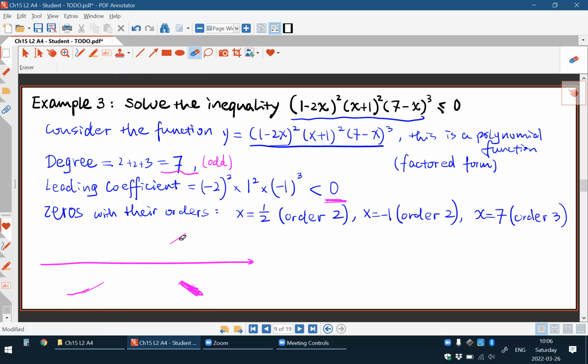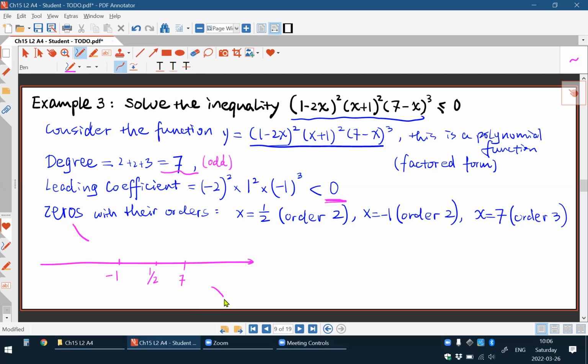Oh, sorry, I missed. Let's erase this. Degree 7, which is an odd number, leading coefficient is negative. So that means the end behavior will look like this. And then we mark all the zeros: first of all -1, then 1/2, then 7.